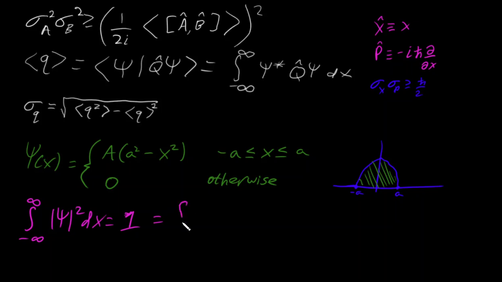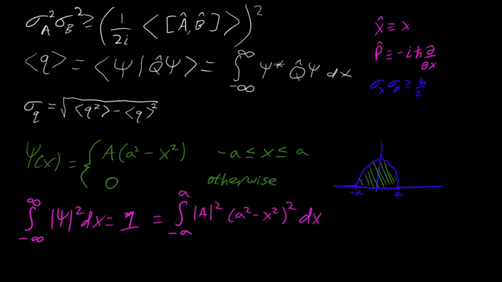So that's our first simplification, and an important step to know. This is the integral from negative a to a of the norm of A squared times a squared minus x squared, squared, dx.